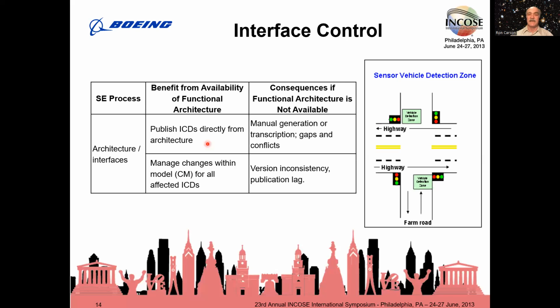That way, when there's an update to the functional architecture, you can also update the interface definition at the same time and maintain consistency among requirements and interfaces and interface control documentation. So this is an important configuration management capability so that you can manage those changes over the life cycle and ensure you've got consistency going through the normal configuration management processes like an engineering review board and so forth.